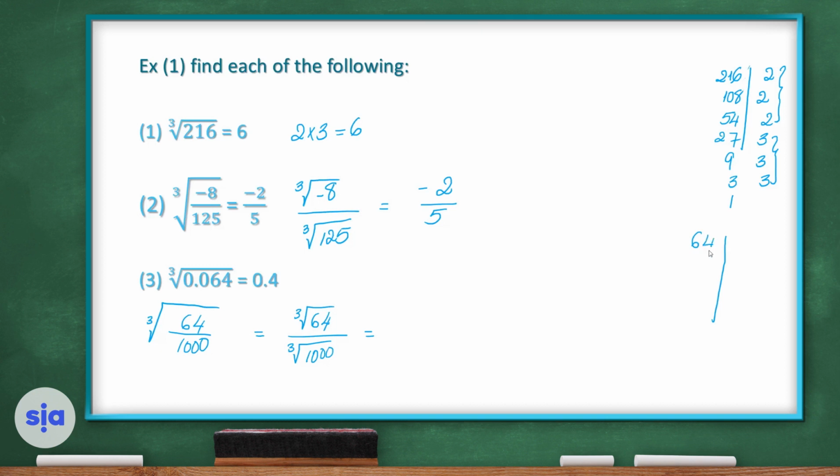Here's the 64 divided by 2, it's 32, divided by 2 is 16, divided by 2 is 8, divided by 2 is 4, divided by 2 is 2, divided by 2 is 1. So for each three same numbers, we take one of them outside. So we have 2 times 2, which is 4. You can do it mentally: 4 times 4 times 4 is 64. And here for sure it is 10. Then this one as a decimal is 0.4.